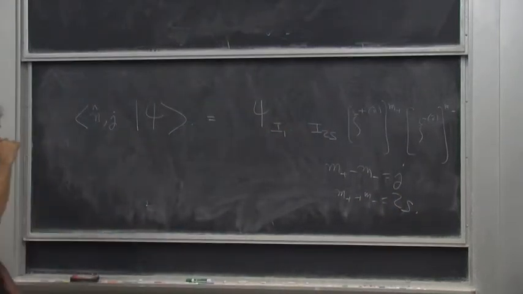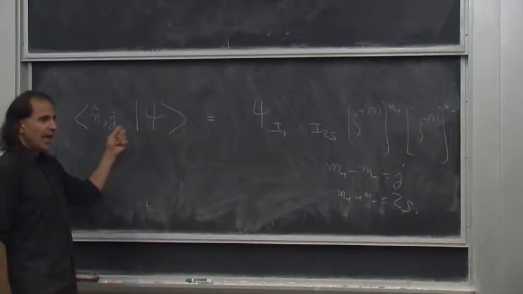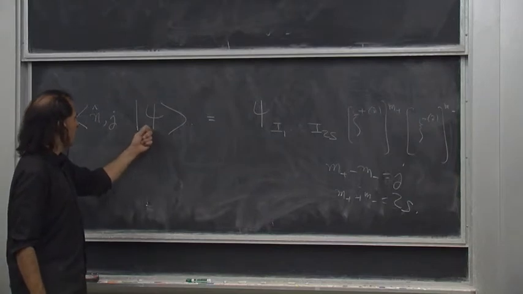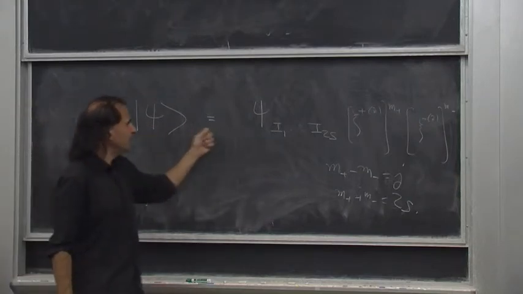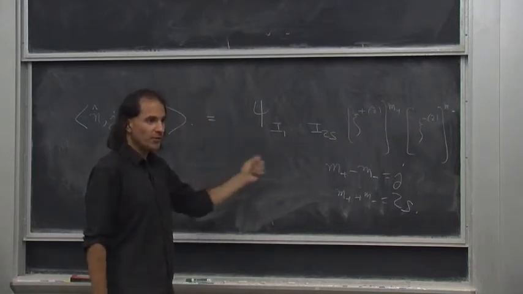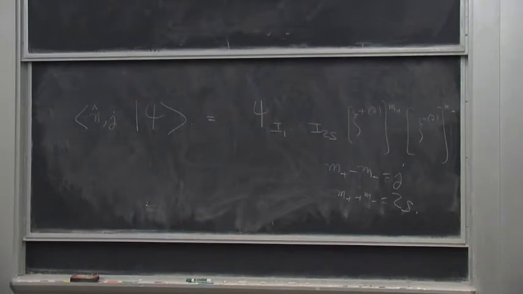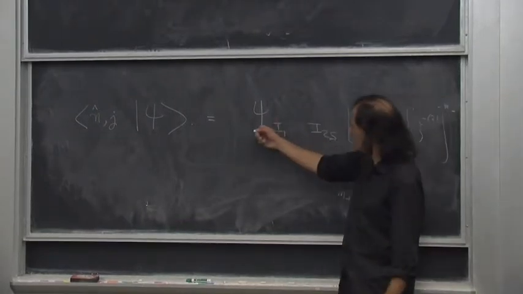So that's how we connect this to the usual way someone hands you a state. The components of this state are captured by this symmetric tensor, and this is the way you can go back and forth between the two languages.